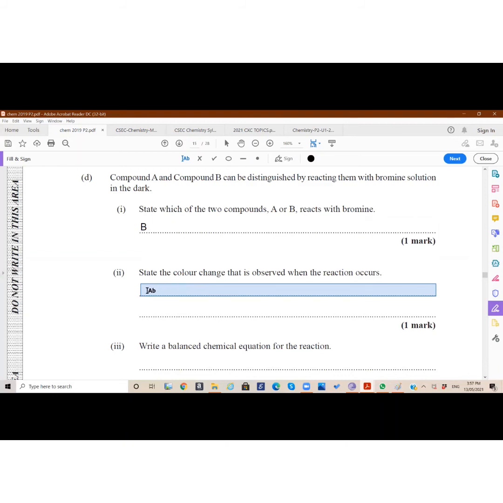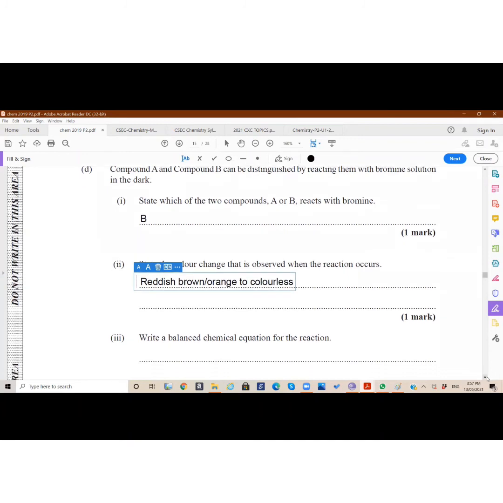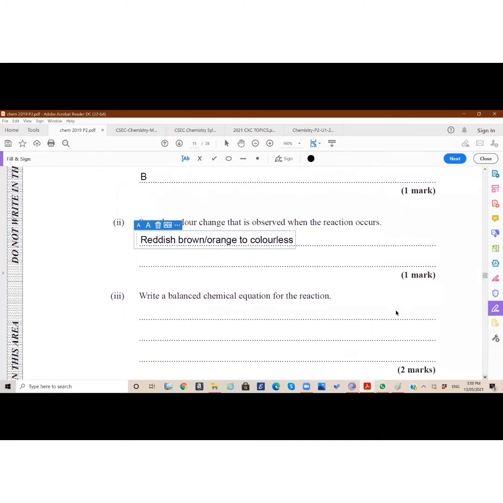Part 2, state the color change that is observed when the reaction occurs. So what's the color of the bromine? Remember? Like orange. Yeah, you can put reddish brown or orange to colorless. The color of bromine naturally is reddish brown, or even in solvent, close to orange.